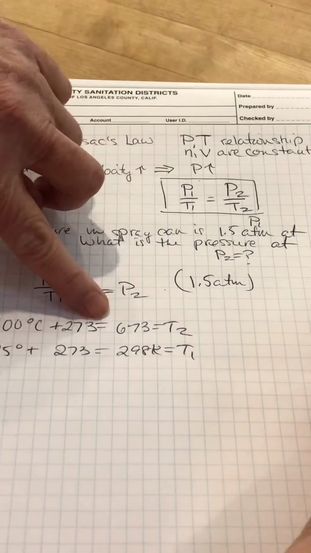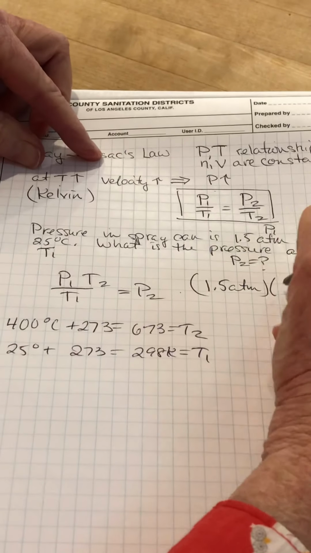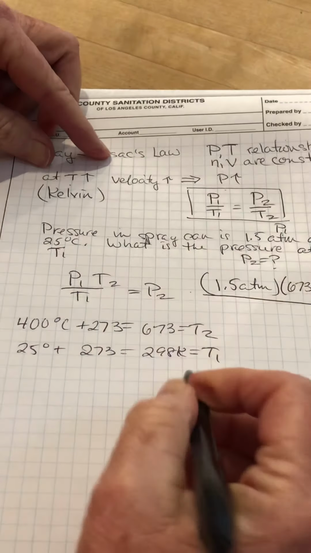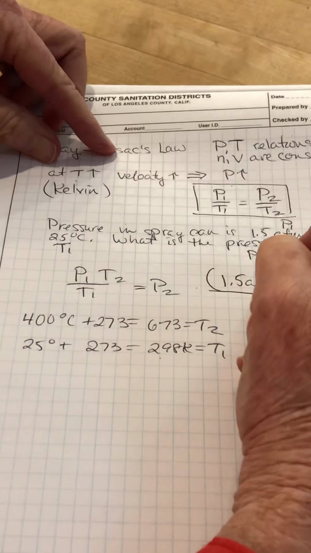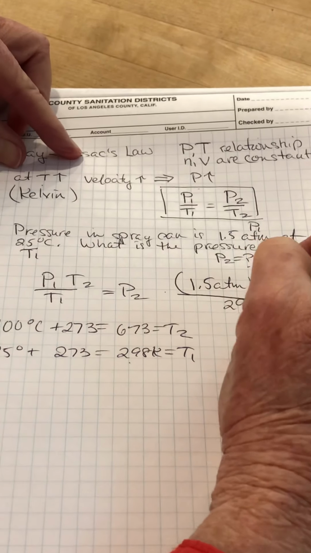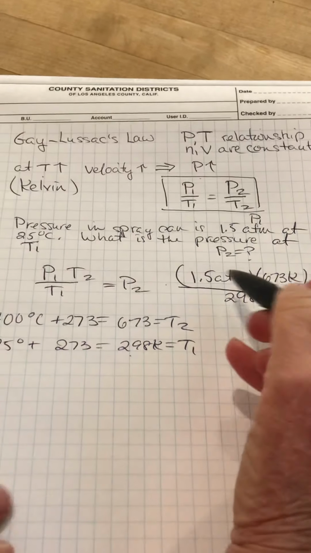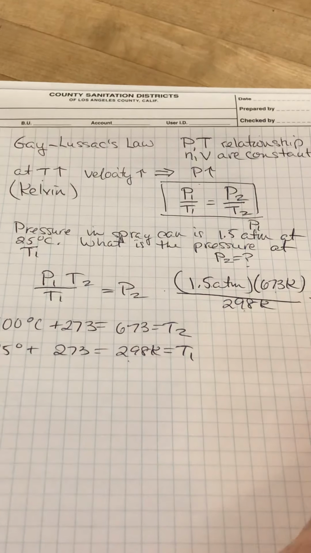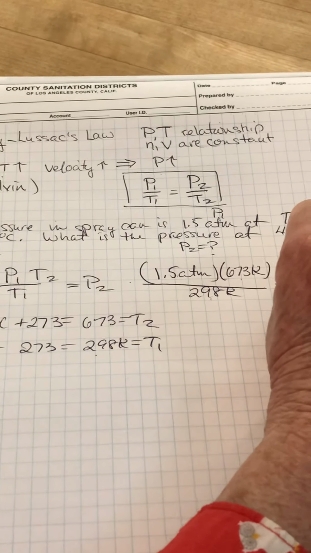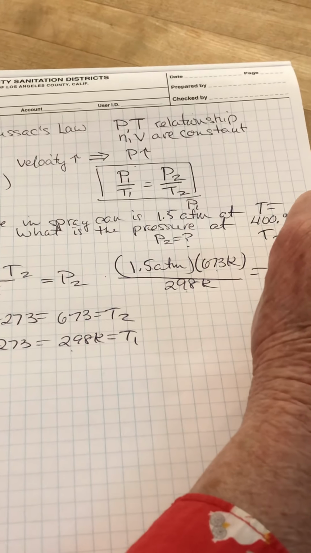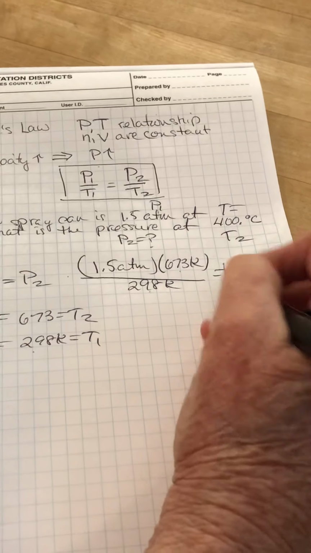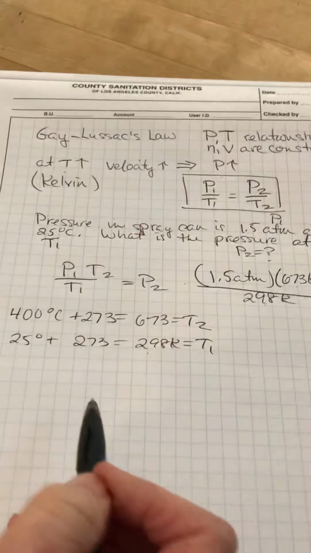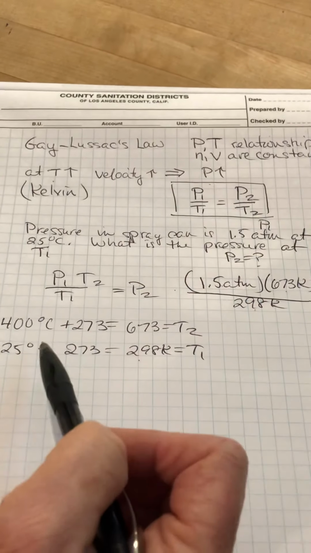So T2 is 673 Kelvin and T1 is 298 Kelvin. 1.5 times 673 divided by 298 gives me 3.39 atmospheres. And that's your answer in atmospheres. That's the new pressure. So if you remember to convert your temperatures to Kelvin, you are all set.